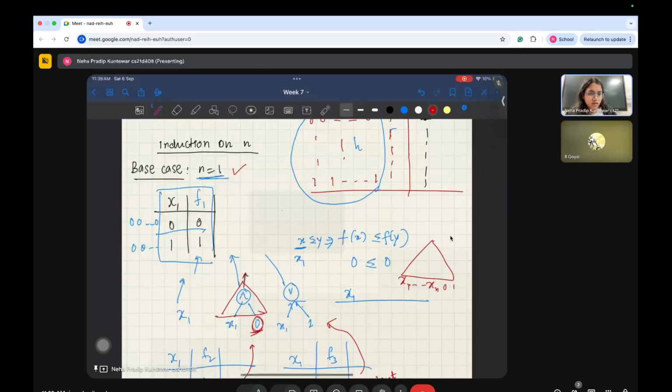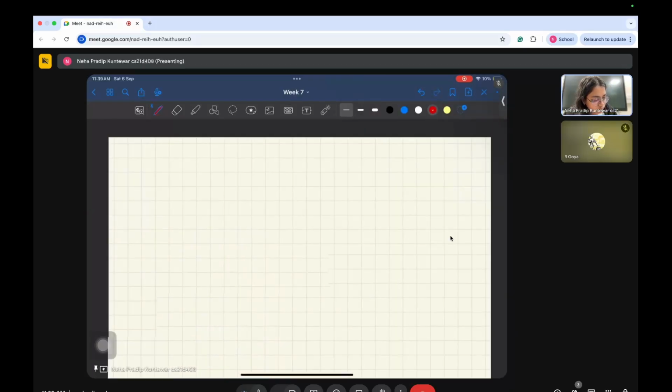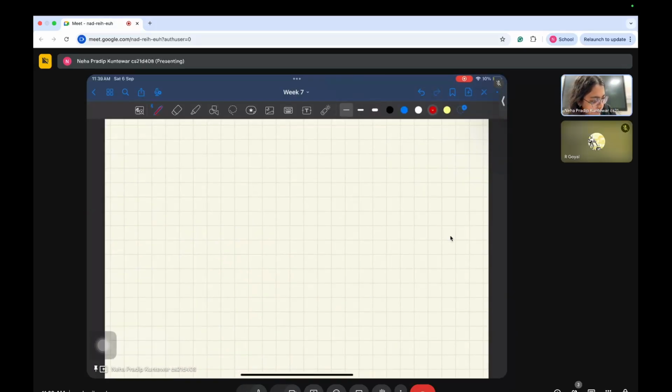Now we will use our induction. What is our hypothesis? The induction hypothesis is that if f is a monotone function on n minus 1 variables, then f has a monotone circuit.